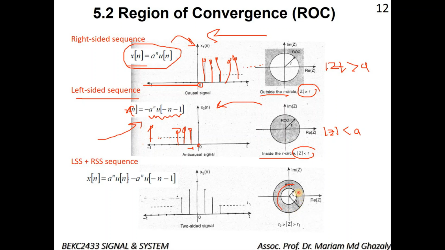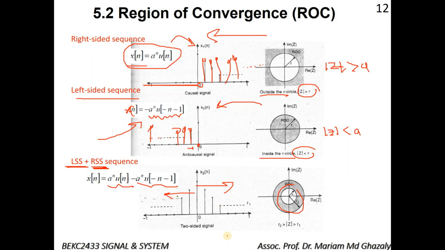The third case is when you have the region of convergence in a donut shape like this. A donut shape is when you have the combination of the left-sided sequence and the right-sided sequence, meaning you have signal on both the positive side and the negative side.